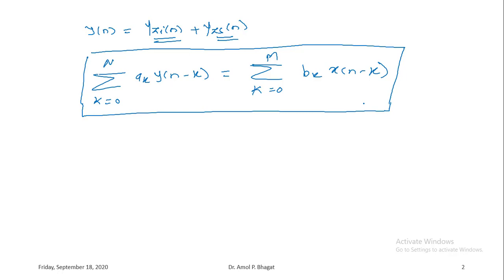But again, to identify the zero input response you need the homogeneous solution. From the homogeneous solution you can identify the zero input response, and then you can identify a particular solution. You can combine the homogeneous solution and particular solution to identify the zero state response, and finally combine zero input response and zero state response to get the total response of the system.